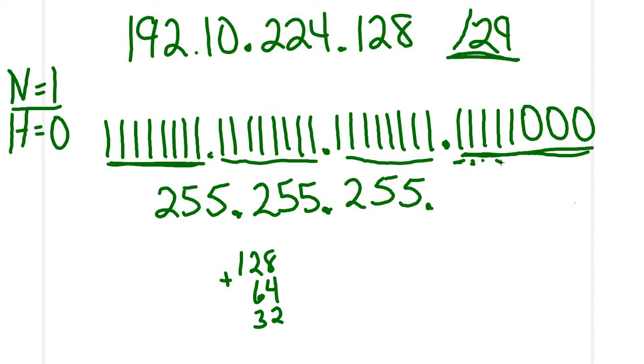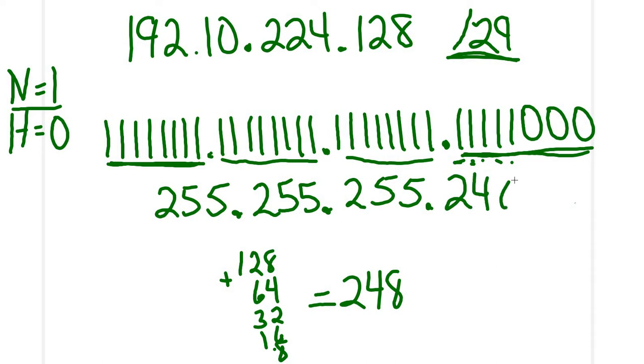Then my next one is 16. And next I have an 8. When I add all of those numbers up, I will get the result of 248. Alright, so that 248 is what I'm going to put as the 4th octet for my subnet mask column. And so this is going to go into my subnet mask column.